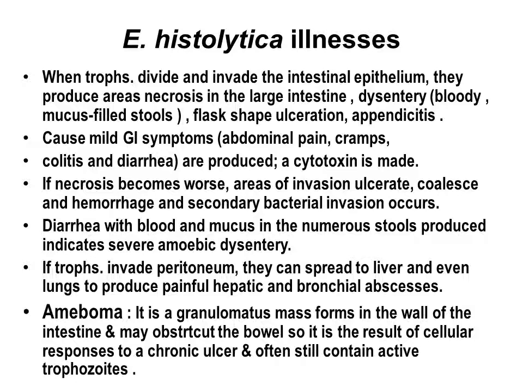If trophozoites invade the peritoneum, they can spread to the liver and even lungs to produce painful hepatic and bronchial abscesses. Amoebioma is a granulomatous mass that forms in the wall of the intestine and may obstruct the bowel.